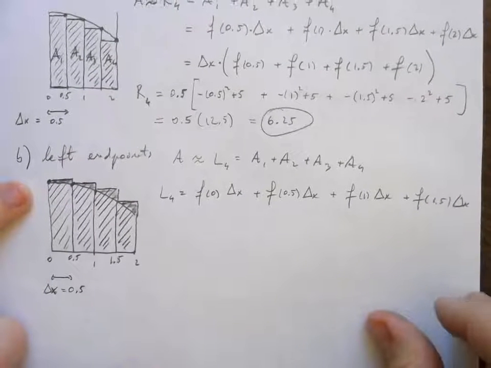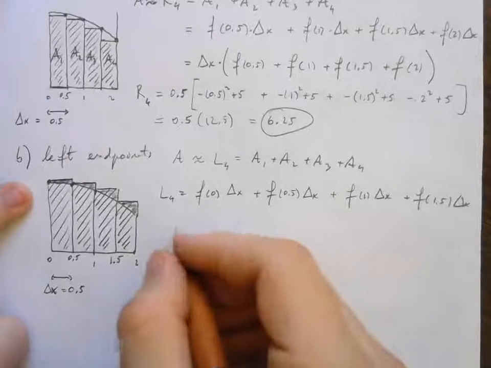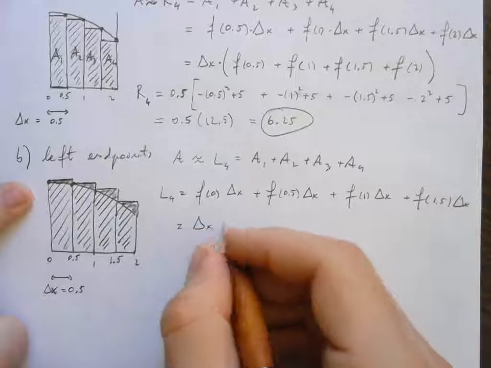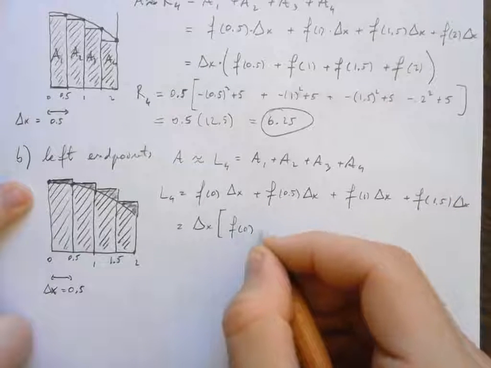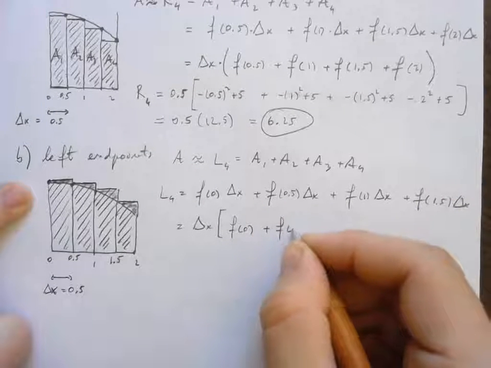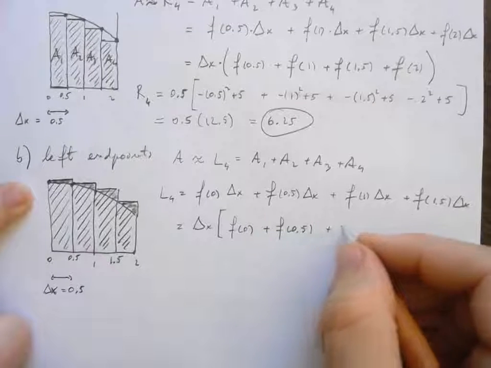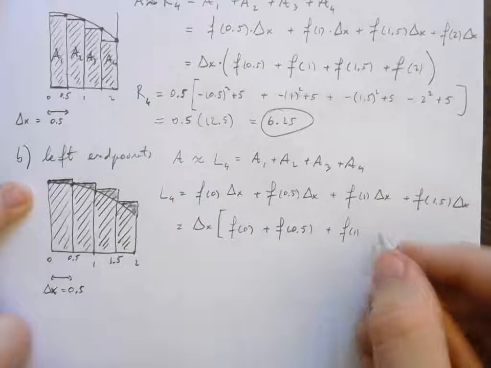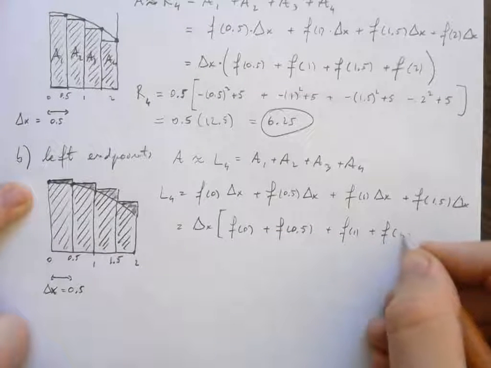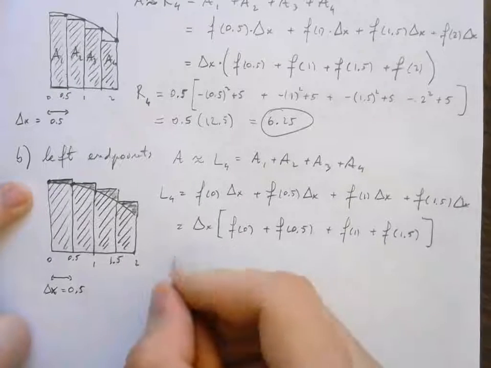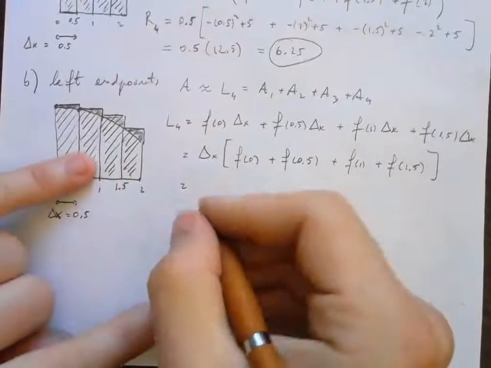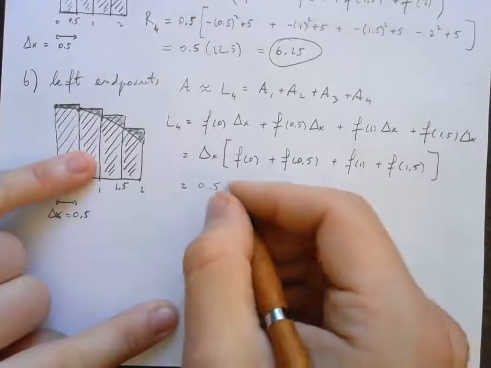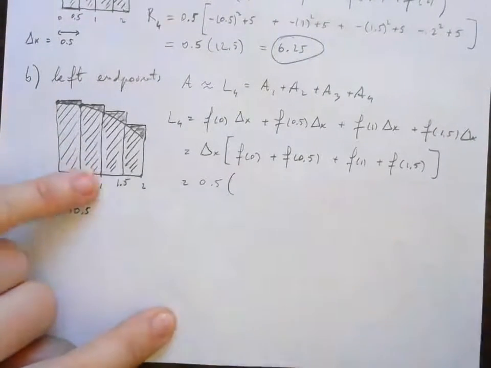Okay, so I can factor out the delta x from everything, and I'm gonna be left with f of 0 plus f of 0.5 plus f of 1 plus f of 1.5. And now I go to my calculator to find what this sum is.